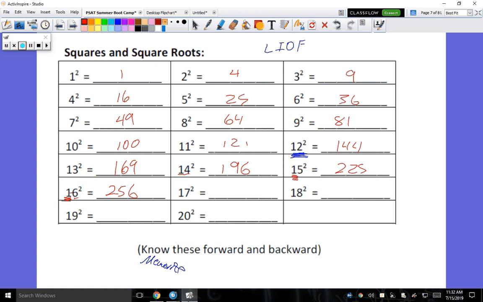Okay, here we go. 17 squared. What's the last number that I'm going to write? 9. Carry the 4. Then I have 14, plus 4, 18. Carry the 1. What's the last number? 2. 289.